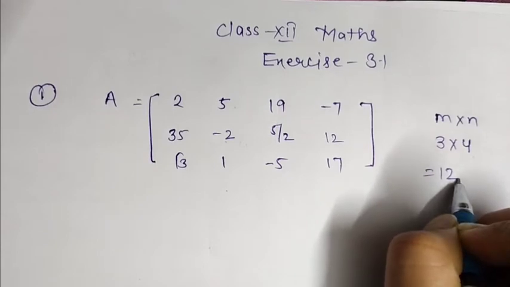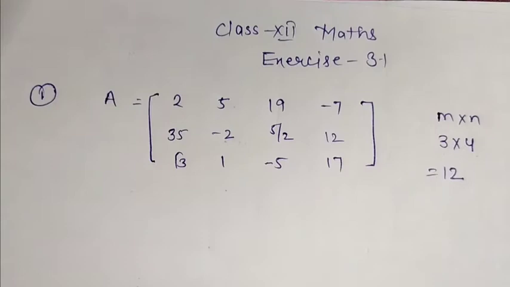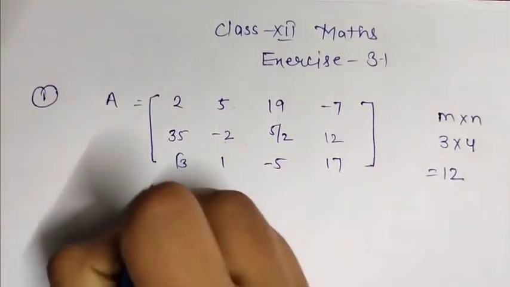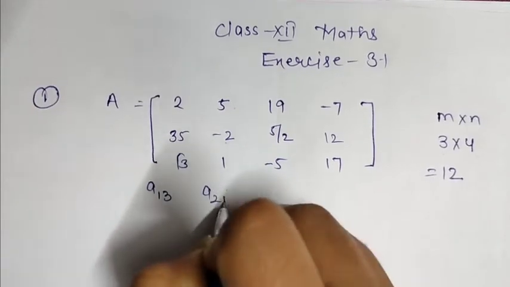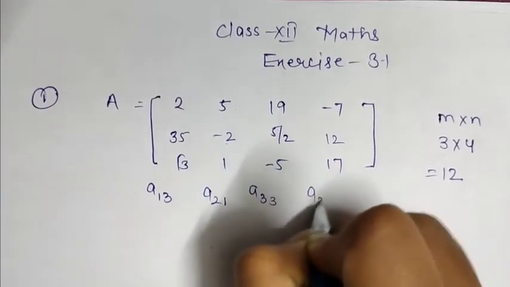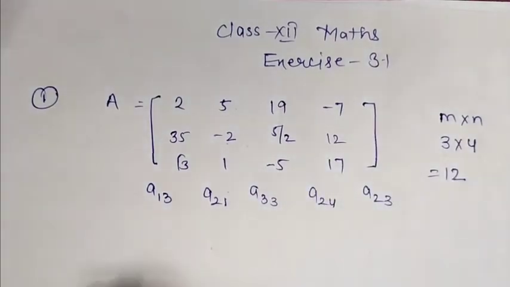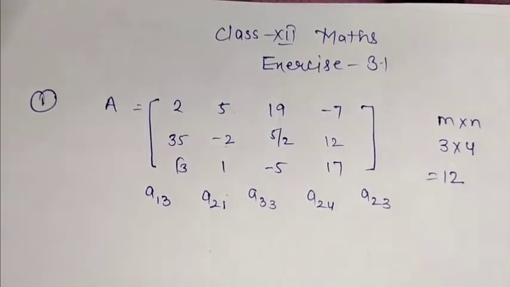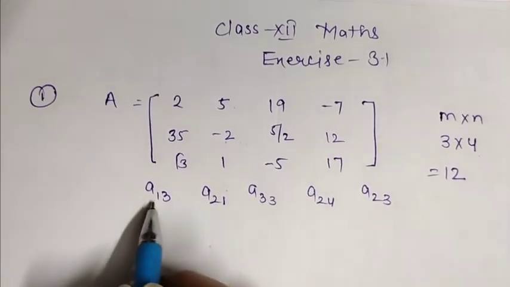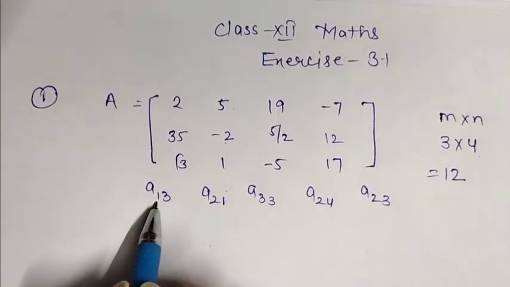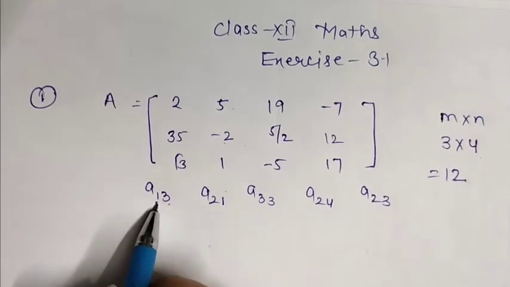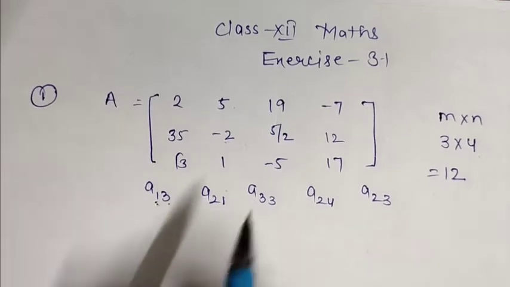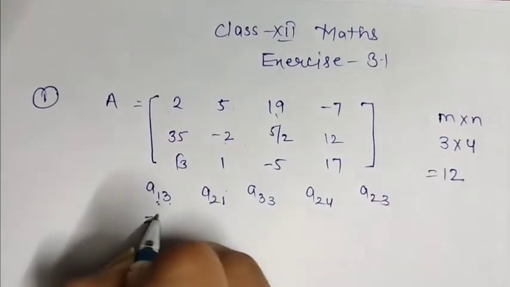The third part of this question is that we have to find the elements A13, A21, A33, A24 and A23. As you know, the first number represents m and the second number represents n. First, A13 means the first row and the third element, which is 19.